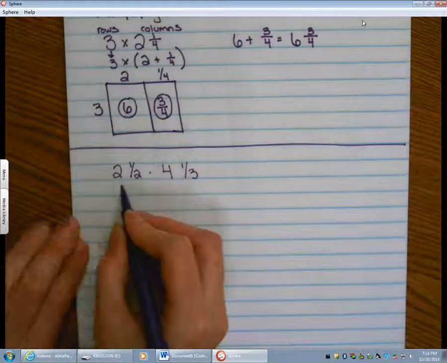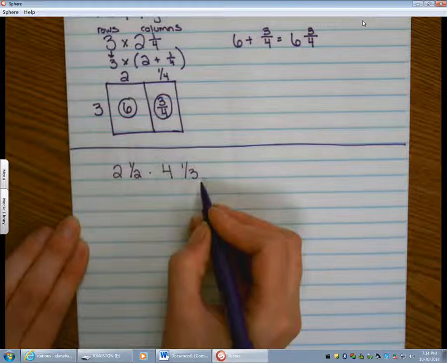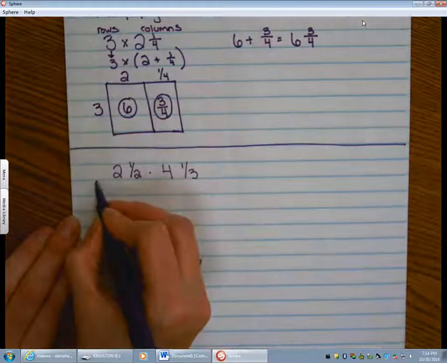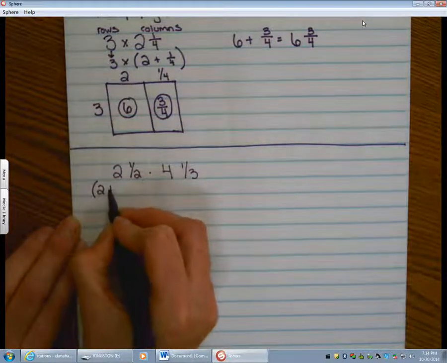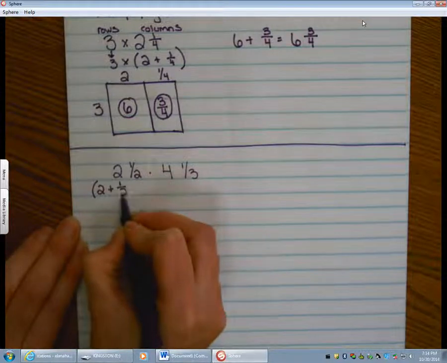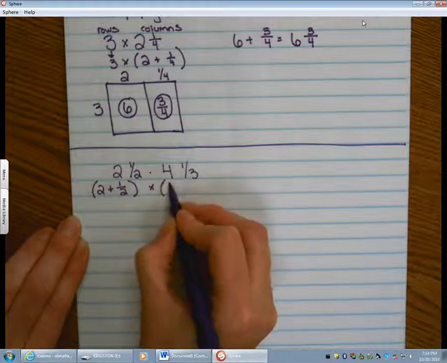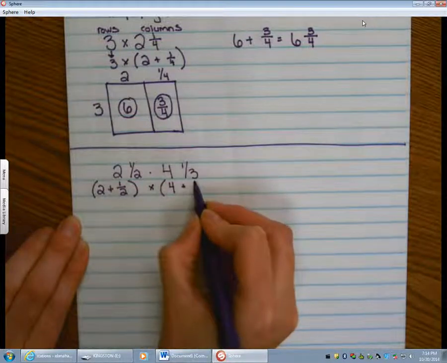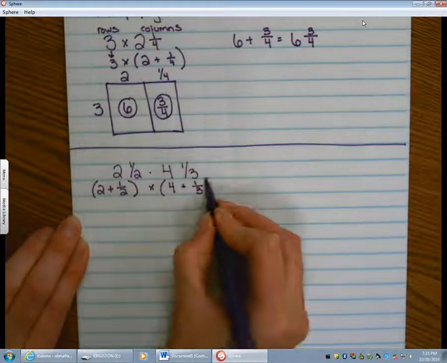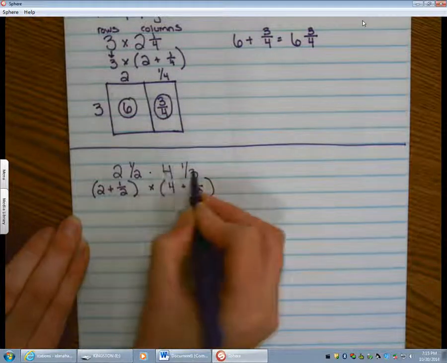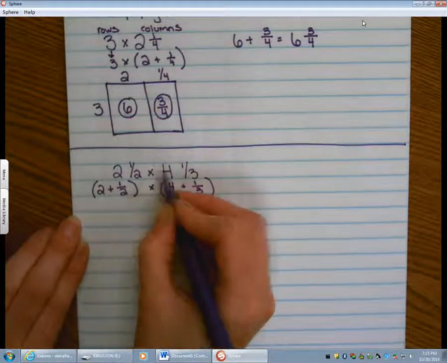Once again, I want to split up my number so that I'm dealing with just my whole number plus its fractional part. And of course, I'm multiplying that times 4 plus 1/3. And 4 plus 1/3 will bring me back to 4 1/3. I haven't changed the value of either number.